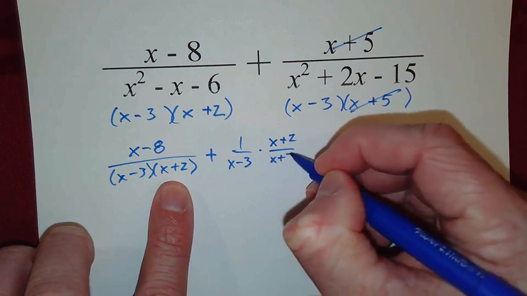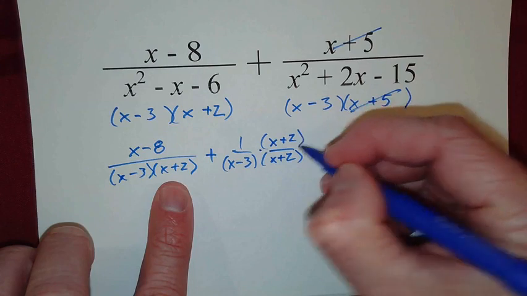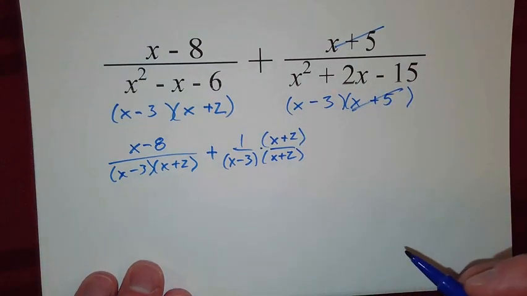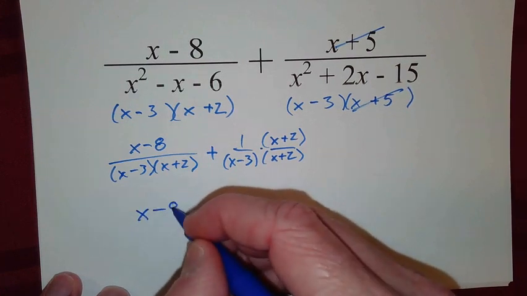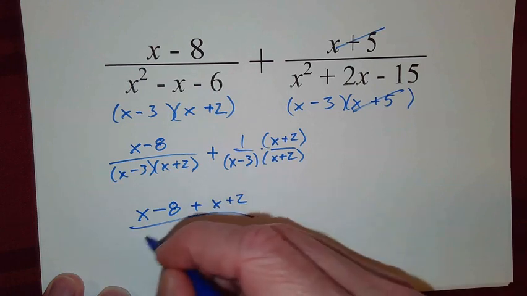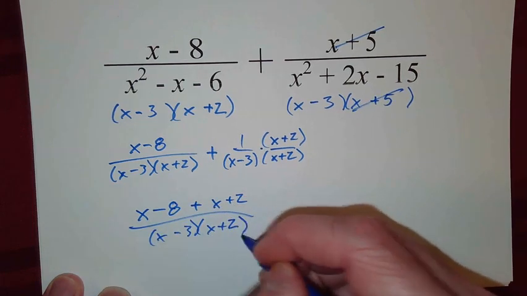So I'll multiply by x plus 2 over x plus 2. And now that I've got the same denominator, I can add these together. I've got x minus 8 plus x plus 2 all over x minus 3 times x plus 2.